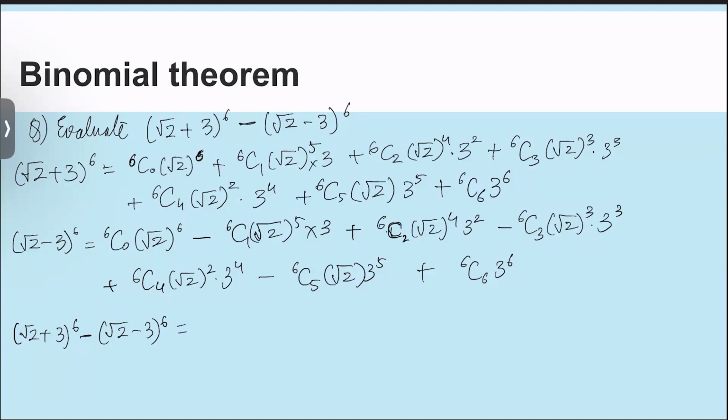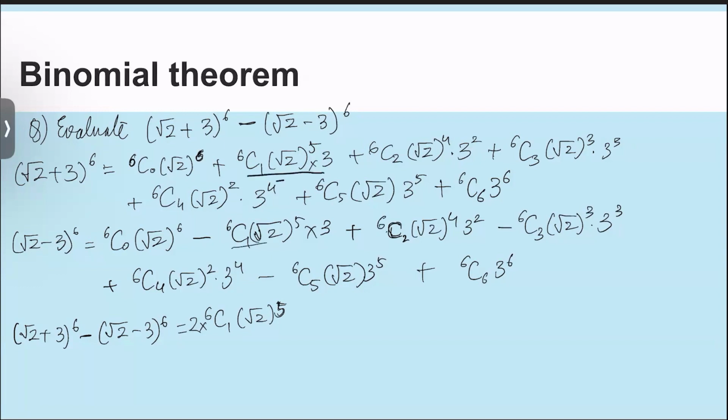So what you are actually left with is: the first term goes away, the second term will remain. So that is 6C1 √2 to the 5, and it will actually become 2 into that.